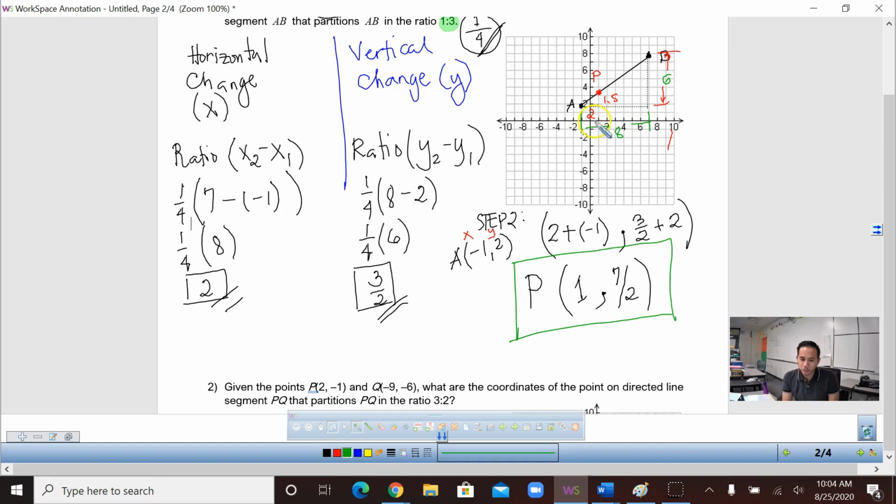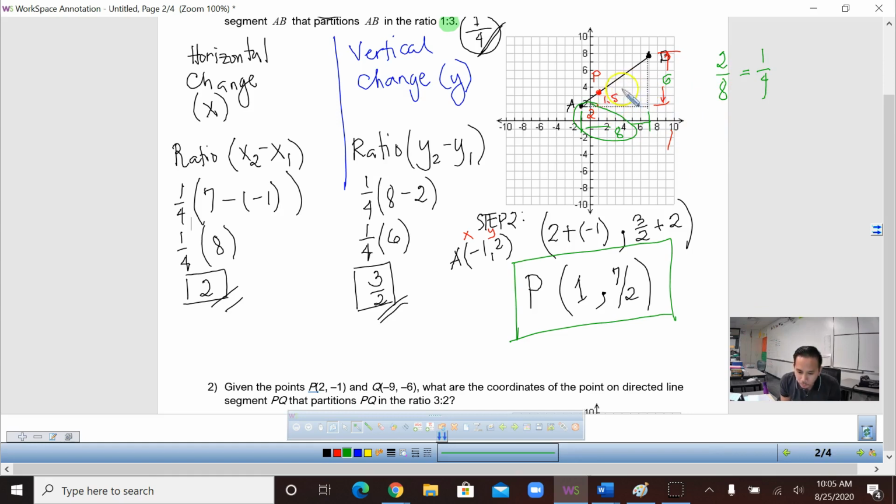So if you go and look at it, you have 2 over 8 and 1.5 over 6. That's 1.5 over 6, and then 2 over 8. It will still give you 1/4. Okay, so 2 over 8, this one, that is 1/4.